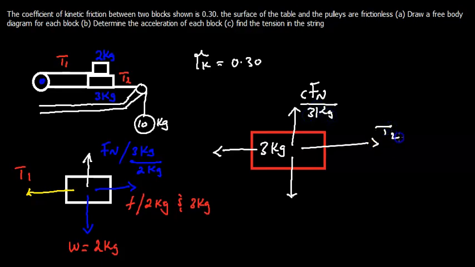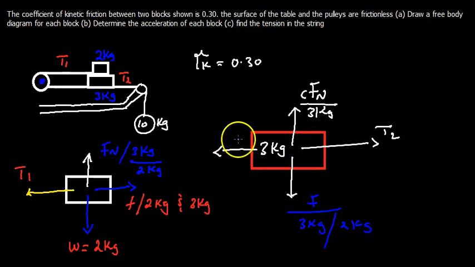Here is going to be our T2, which is the tension, in this particular direction. Next is going to be down, which is force on 3 kg by 2 kg.